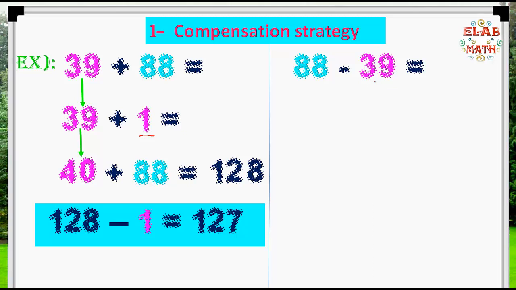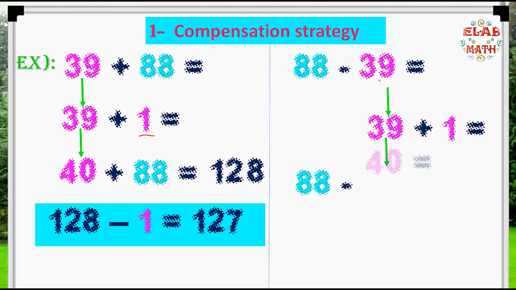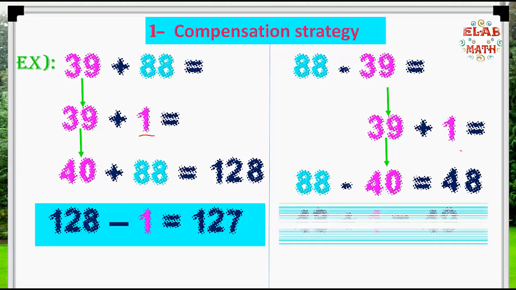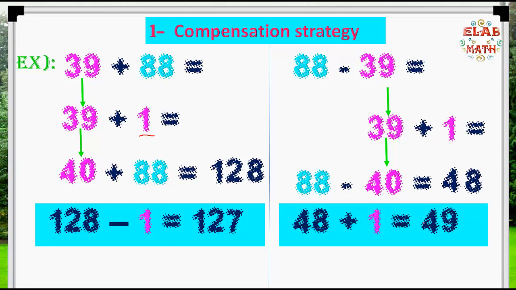We can add 1 to 39 to be 40. 39 plus 1 equals 40, and 88 minus 40 equals 48. The difference is 48. After this step, you can add one more, because we said you should add the same amount to the difference. But here we subtract the same amount when we make addition, when we find the sum.